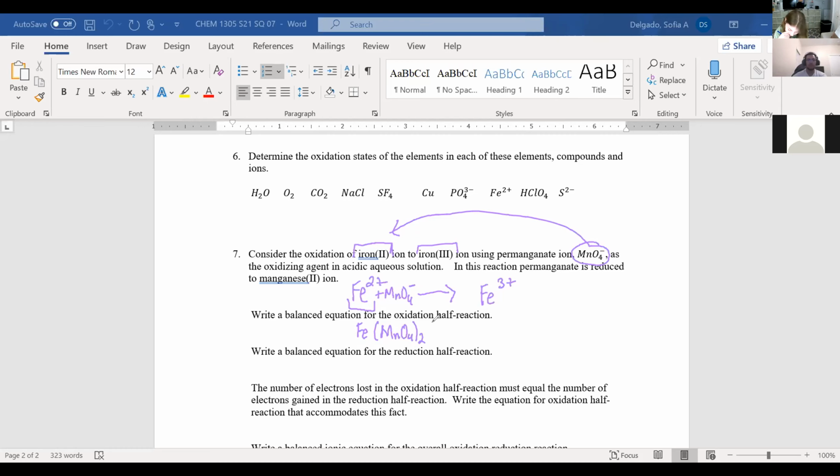Give me a second. Yes, I agree with you. Because we have the O4, and on the other side we will have water, and we will make 4 H2O to have 4 oxygens and then 8 hydrogens. And then we will add the 8 hydrogens to the reactant side.